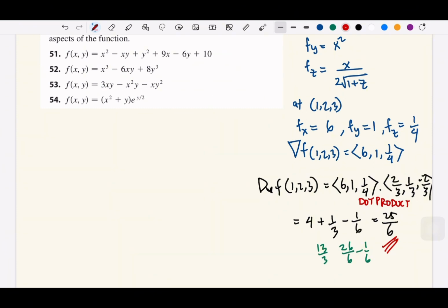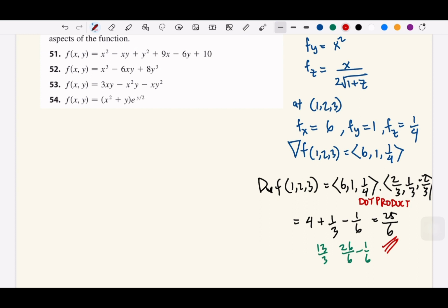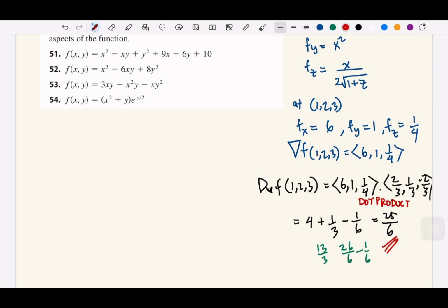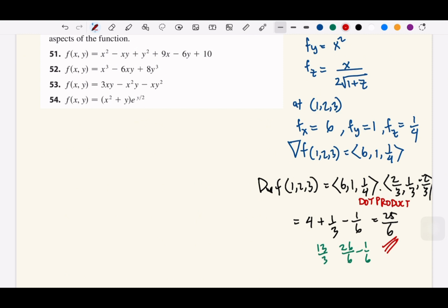A vector multiplied with another vector using the dot product will result in a scalar value, right? And remember that whenever we have this bracket, this is a vector. So you can write this as 6i plus 1j plus 1 over 4k. You can write it like that also.